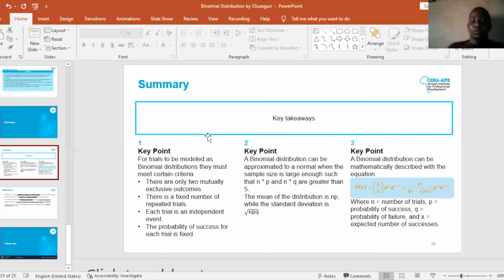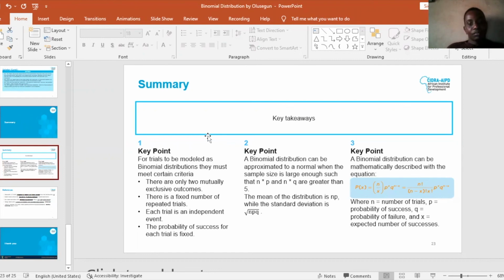The mean of the binomial distribution is n times p, the number of trials times the probability of success. The standard deviation is the square root of the product of n, p, and q.